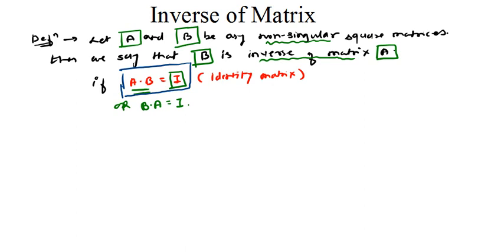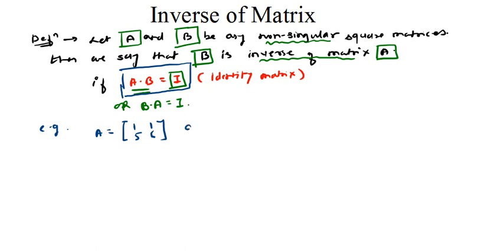In general, let me take a particular example. Suppose matrix A is 1, 5, 1, 6.